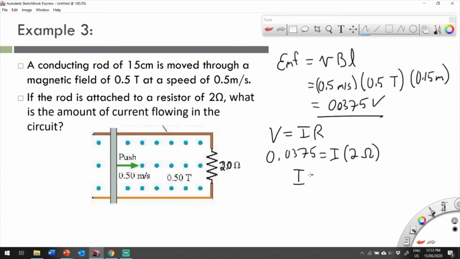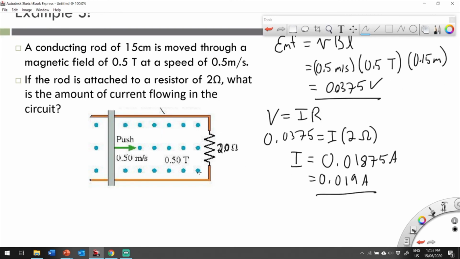So our total current we can expect is kind of small, 0.01875 amps, so we'll round to 0.019 amps with 2 significant figures. So there we go. That's how we can use the EMF we generate in combination with Ohm's law to analyze this particular circuit.